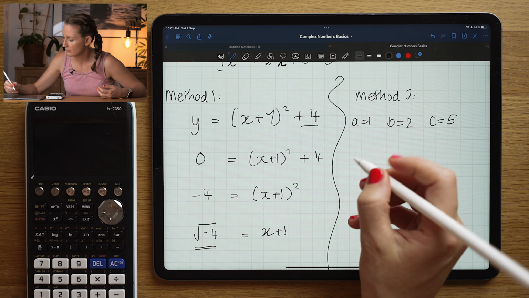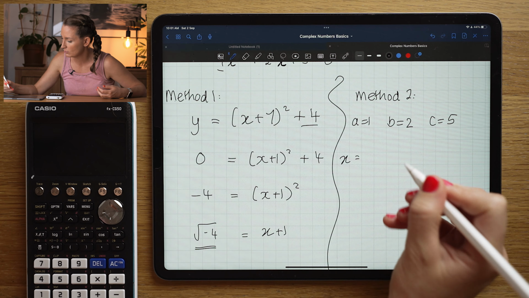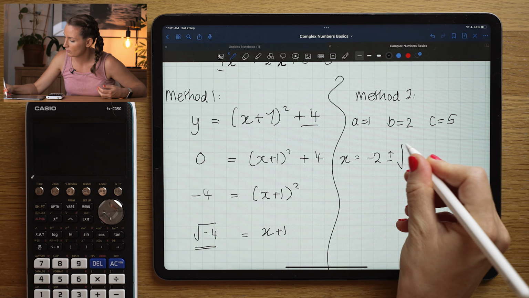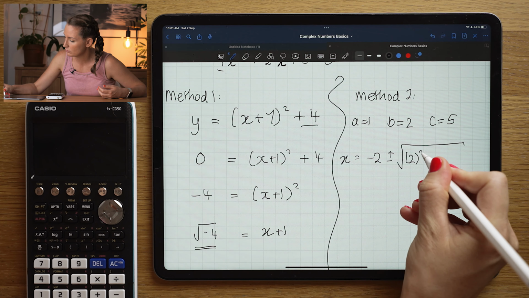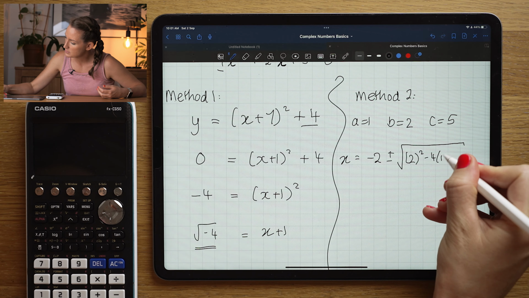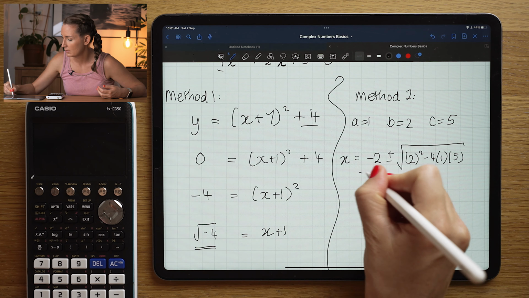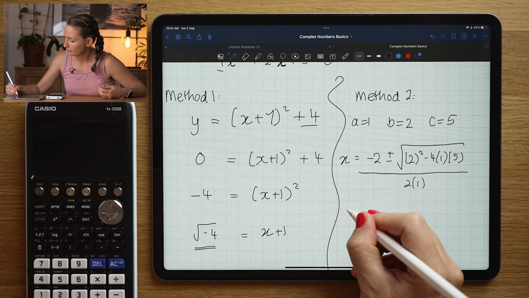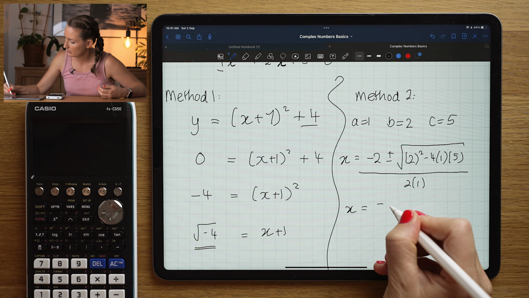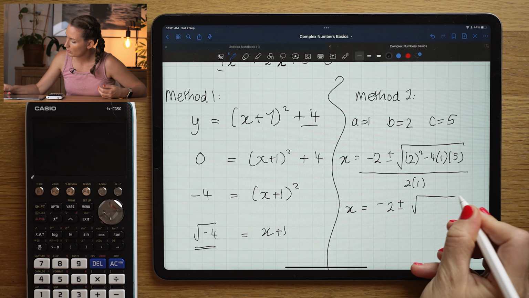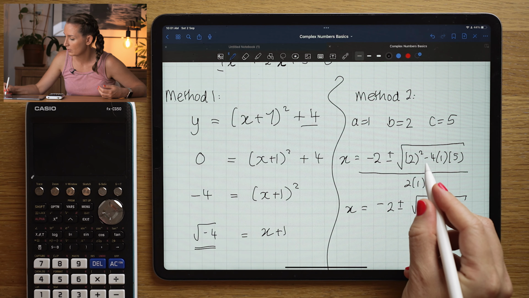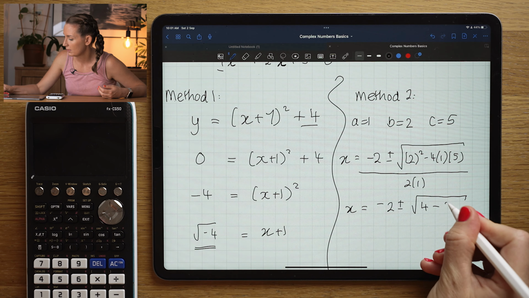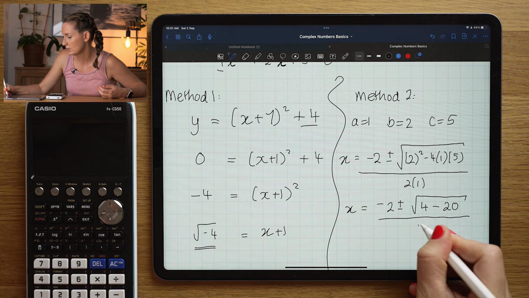Then I'm going to use my quadratic formula and say x must equal minus b, minus 2, plus minus the square root of b squared, 2 squared, minus 4 times a times c, divided by 2a, or 2 times 1. Okay, let's work out that square root. 2 squared is 4. 4 minus 4 times 1 times 5, minus 20. 2 times 1 is 2.